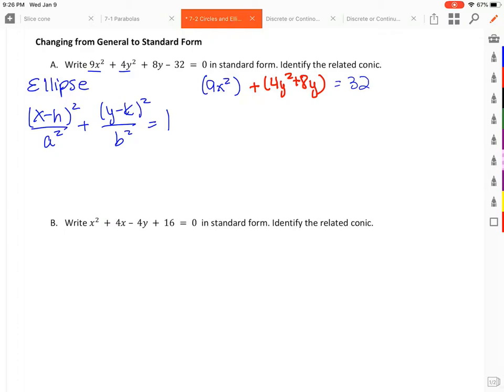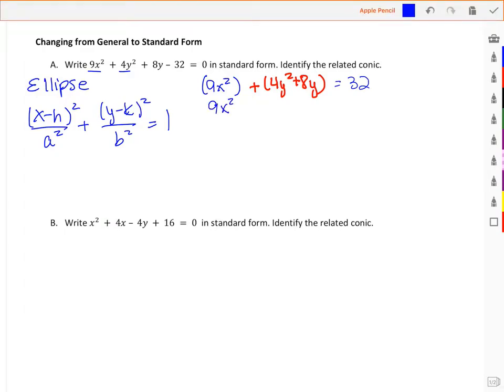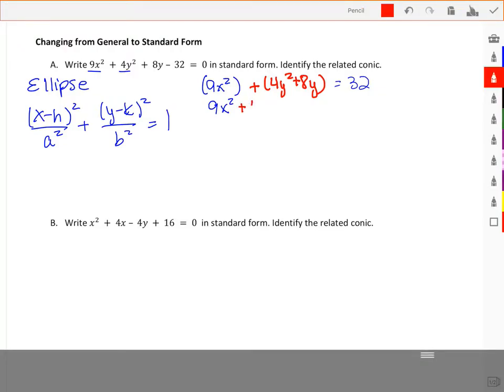So the first one, that x, we can't complete the square on that one. It just stays like that because there's no second term. I'm going to factor out the 4 here. And I've got y squared plus 2y equals 32. Okay, to complete the square, half of 2 is 1. 1 squared is 1.